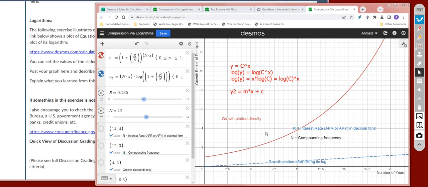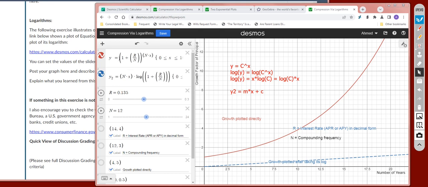So there are two things of note on this graph. The first one is that taking the logarithm of an exponential function enables us to compress the display of that function, because both of these lines, the red solid line and the blue dashed line, are really representing the same function, right?